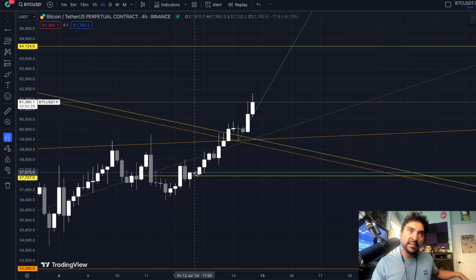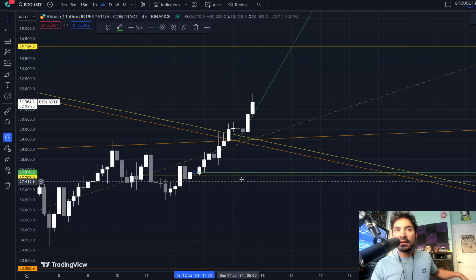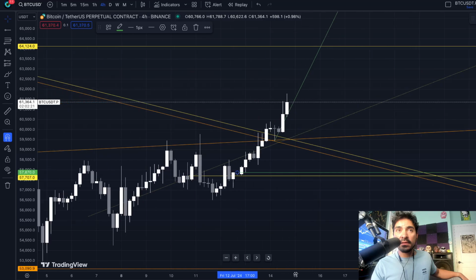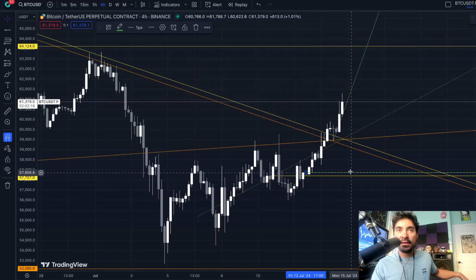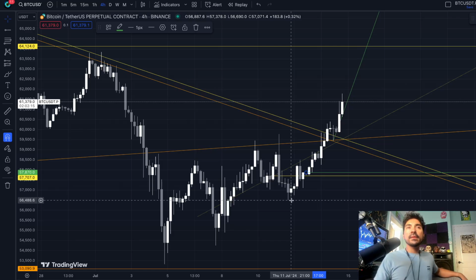And that one got tested by this candle. So this candle right here is untested. And it's near this one, this daily support. So yeah, I'm probably gonna have a long here with a stop loss around here, let's say. That's another idea that I'm thinking about as I'm seeing it, right?